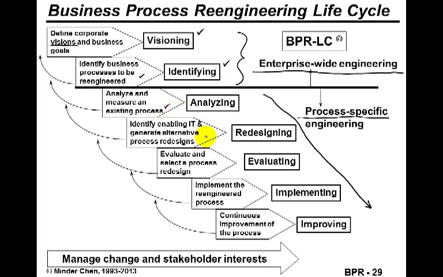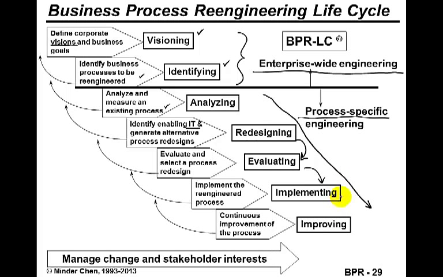Second is to redesign the process by identifying enabling information technology and generating various design alternatives. After that, we evaluate those design alternatives and find out the best possible solution, and eventually implement those re-engineered processes and make sure that they will be acceptable to the organization and to our customers.